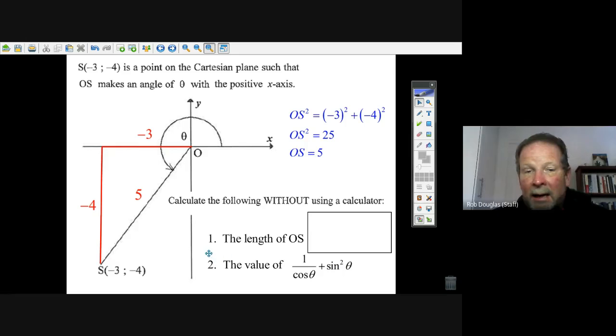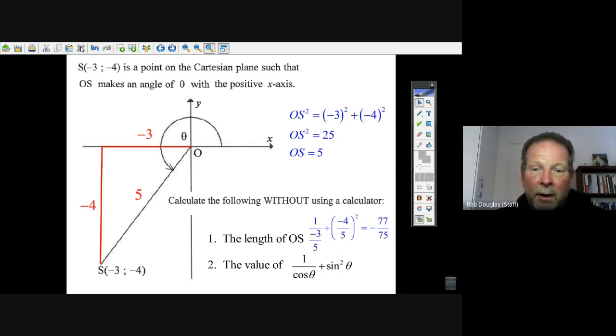Now you've got yourself a triangle, and this angle here is called its reference angle, the angle between the positive x-axis and OS. We actually work with this triangle to figure out things like cosine theta and sine theta. Well, let's just do that. What is the cosine of theta?